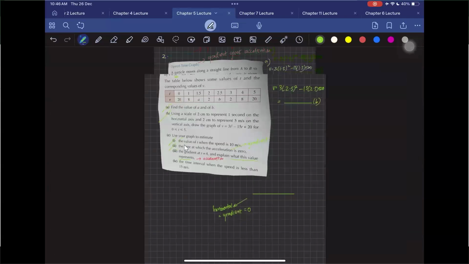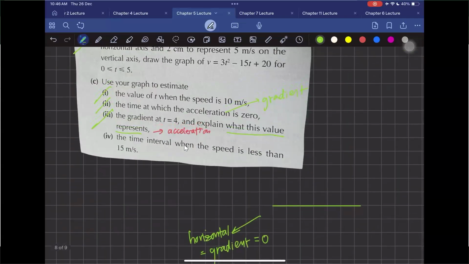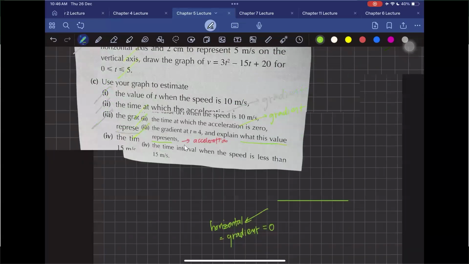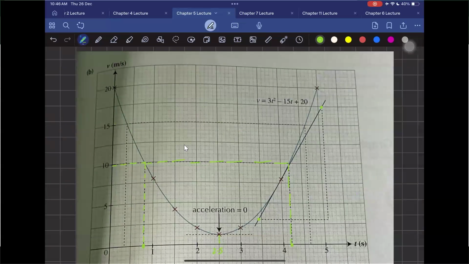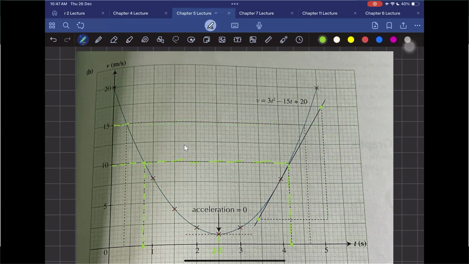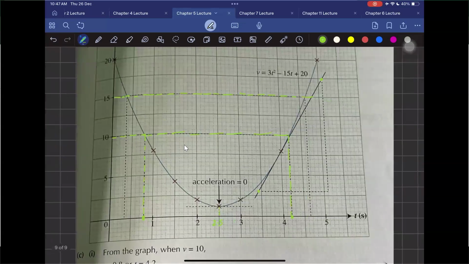Okay, now let's look at the last part. The time interval when the speed is less than 15 meters per second. So 15 meters per second. So again, it's this straight line here. Okay, so there are two periods where it is less than 15 meters per second.